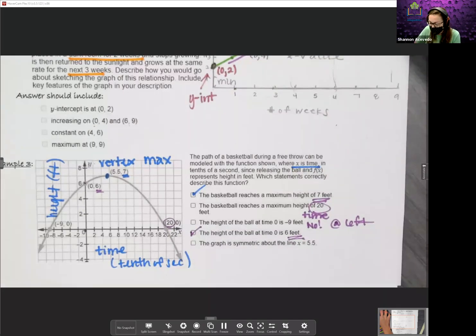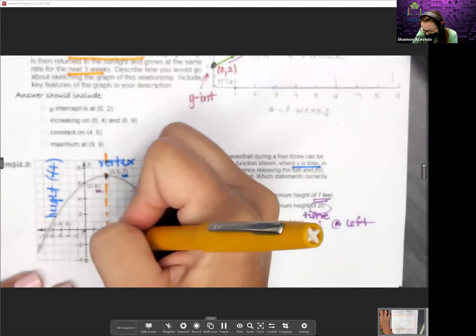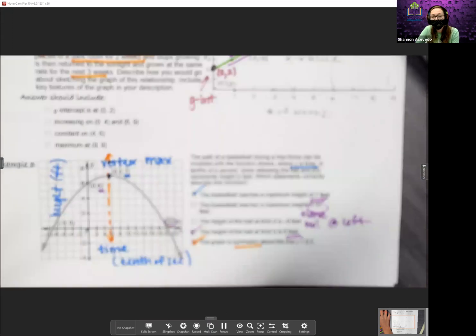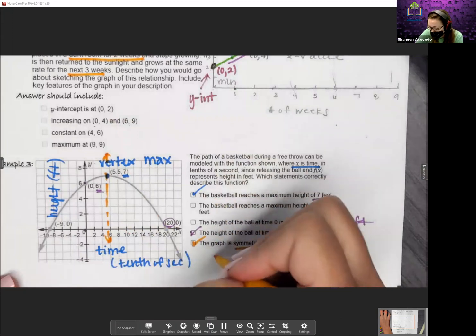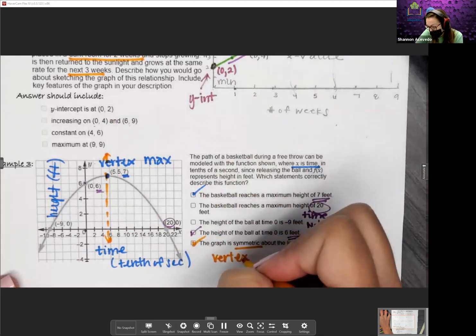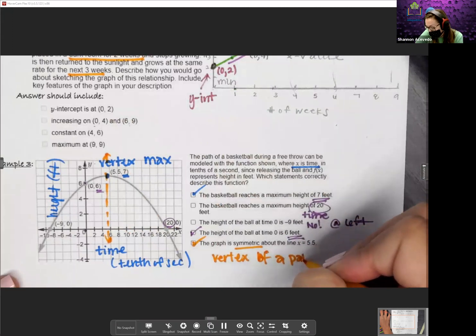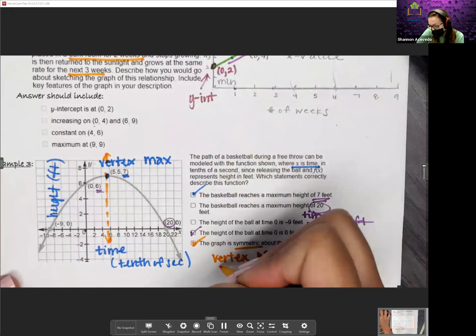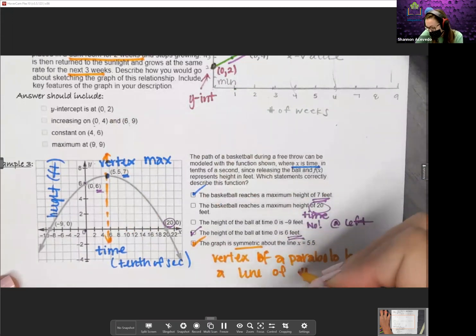My last piece says that the graph is symmetric about the line x equals 5.5. That's going to be this line right here. Well, yes, this is true. How do I know that? Because remember, the vertex of a parabola has a line of symmetry.